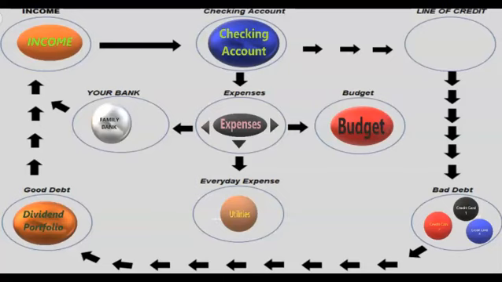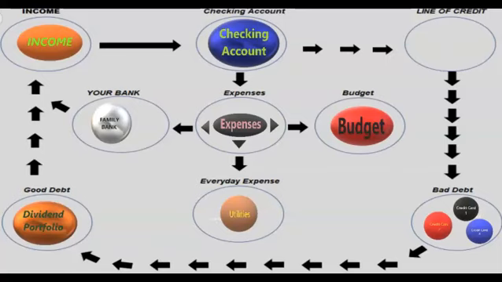So everyday expenses come out, and as far as the bad debt, you have 3 credit cards. Well, in this scenario, since you don't have a line of credit and you don't have a home equity line of credit, the credit card itself will become your debt tool.